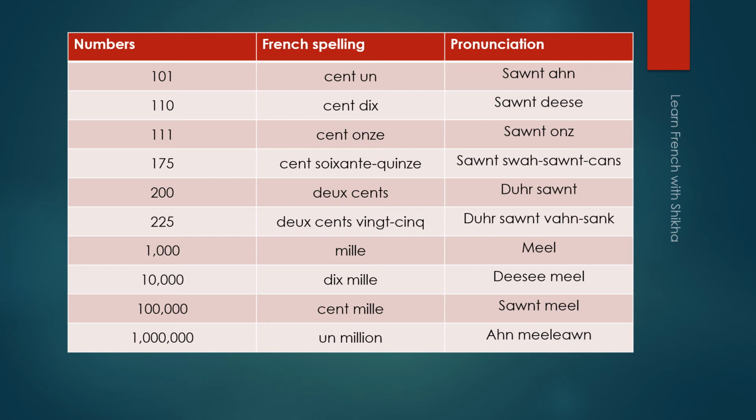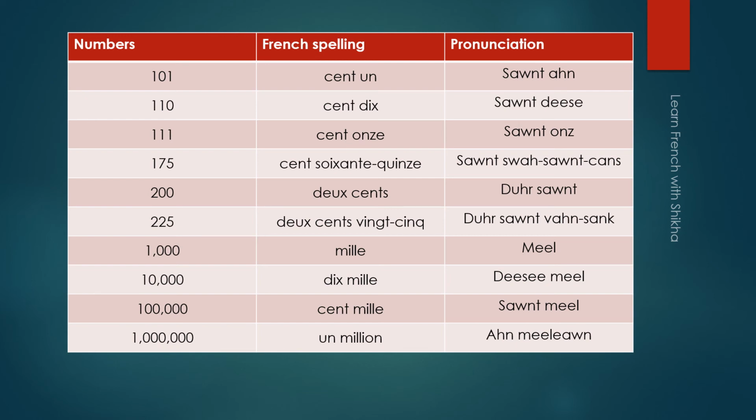175 is cent soixante-quinze. That is 100 plus 75. 100 is cent and 75 is soixante-quinze, which becomes 175. Next, 200 is deux cents. Deux means 2 and cents means hundreds.